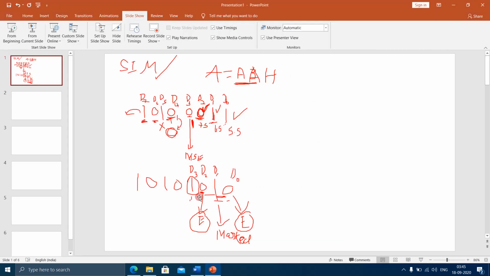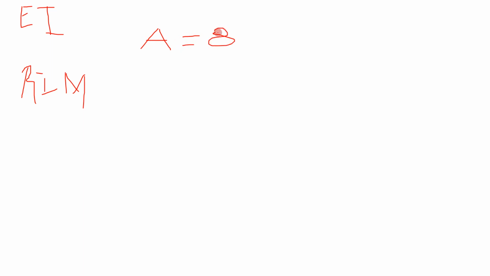So when we talk about the RIM instruction, if the interrupt enable instruction is used before the RIM instruction, also assume that in the accumulator some value is stored. So when we convert this into binary, what do we get?